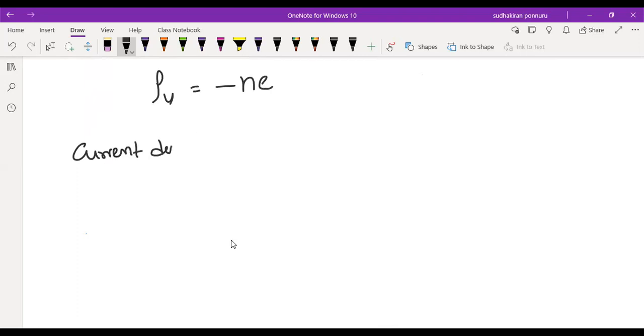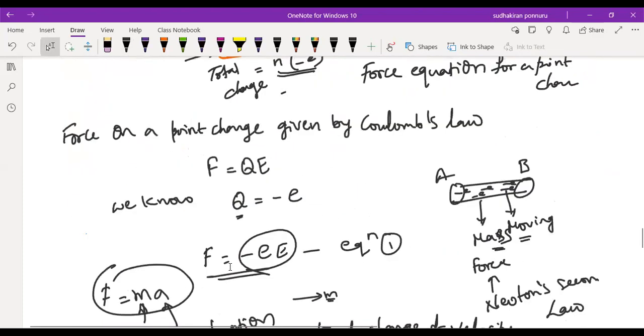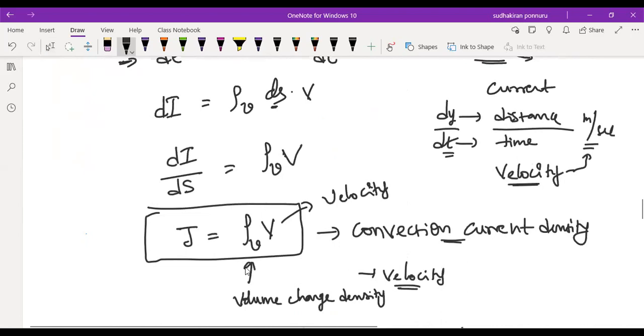So current density, which is represented by J. Earlier we have already derived one equation for current density. What is that equation? So J is equal to rho v.